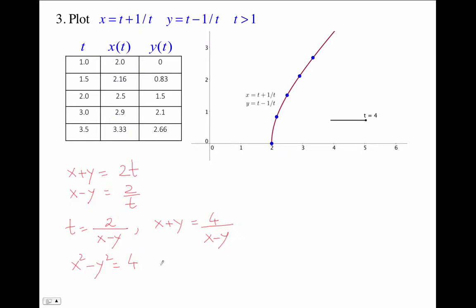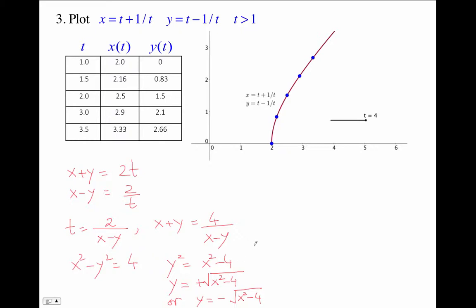There are many ways to understand this equation. Well, first of all, let's write this as y squared equals x squared minus 4, which then gives two solutions for y. So y can be either the positive root, plus square root of x squared minus 4, or y can be the negative root, minus square root of x squared minus 4.